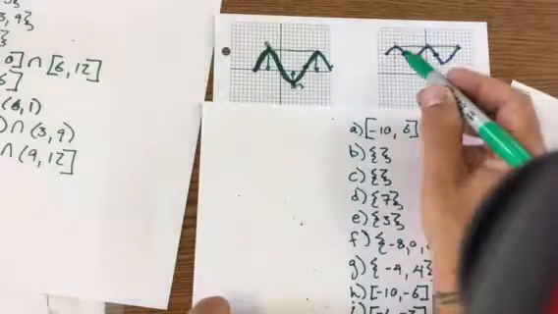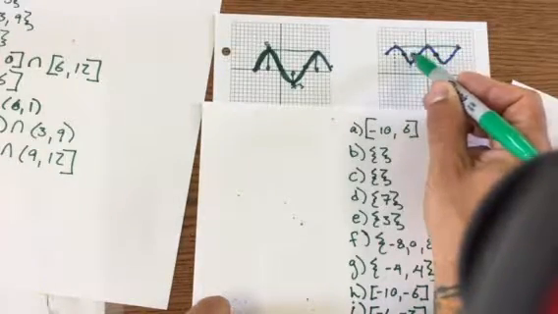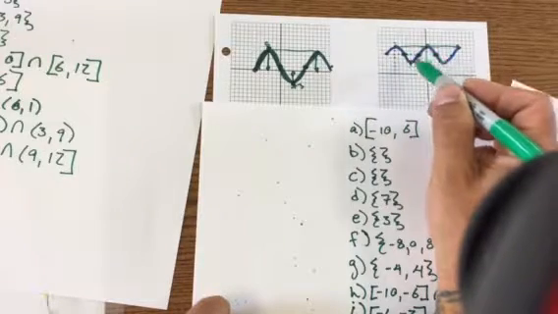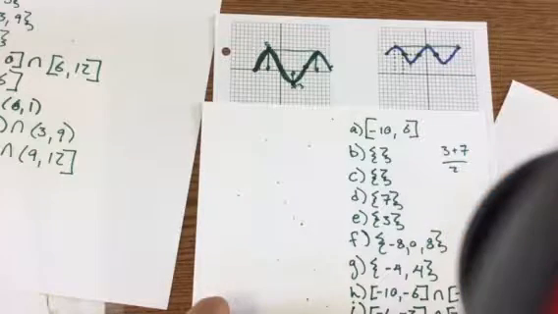Points of inflection, I have one right here at (-6, 5), (-2, 5), and (2, 5).